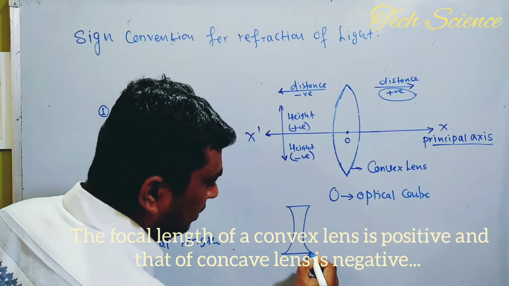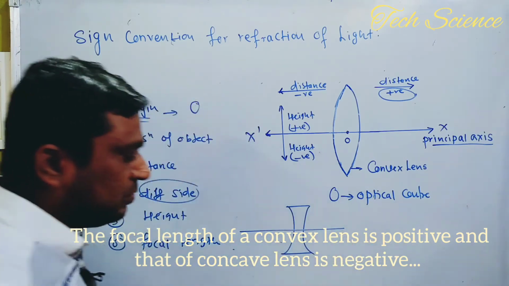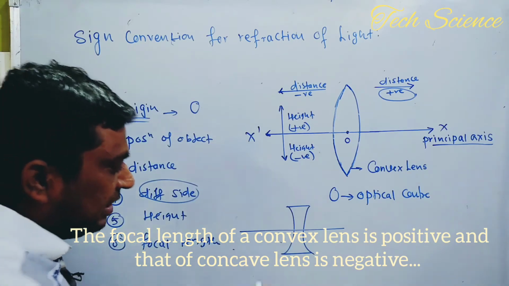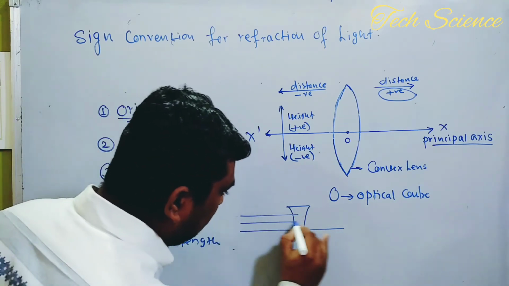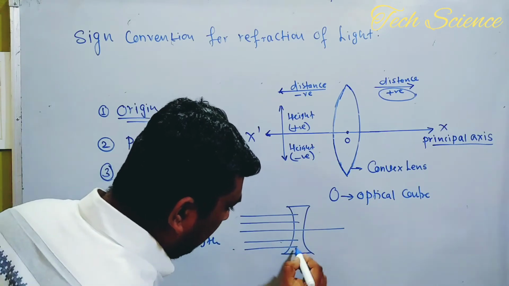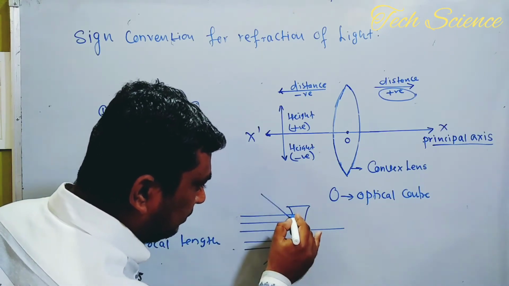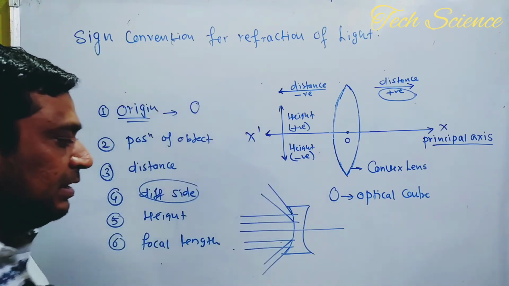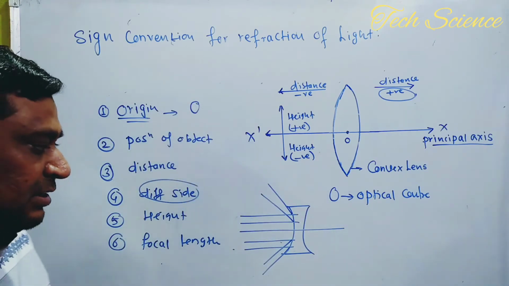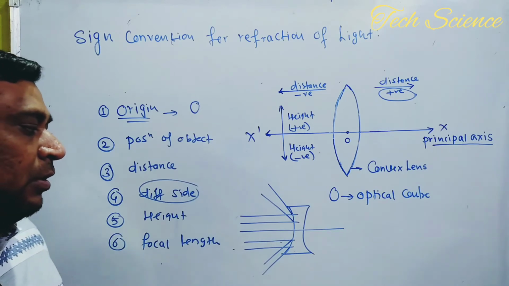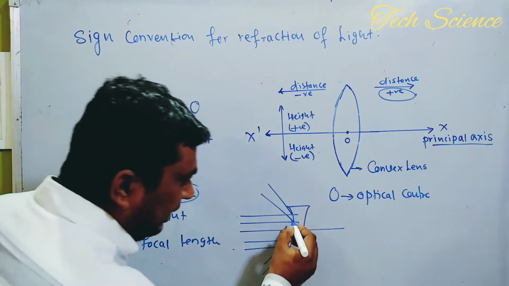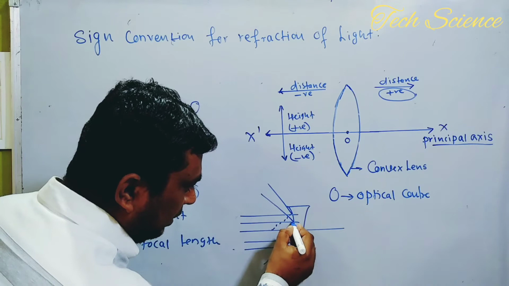Now you also clear one more point here: why the concave lens is called the diverging lens. When the light rays are incident on this concave lens, they get diverged from here only, like this. Suppose we want to meet them at any point, then you have to make the dotted line.